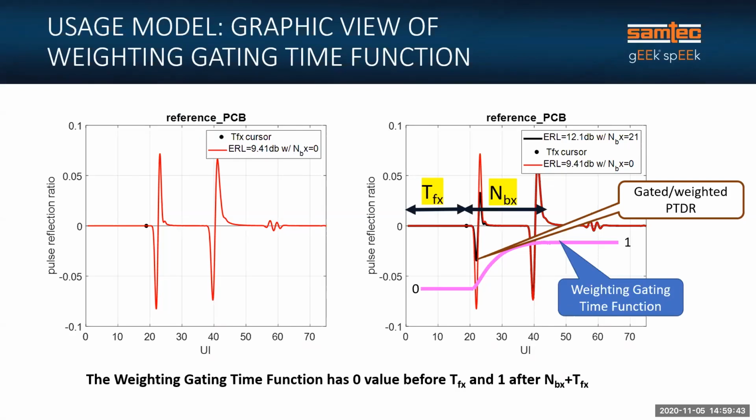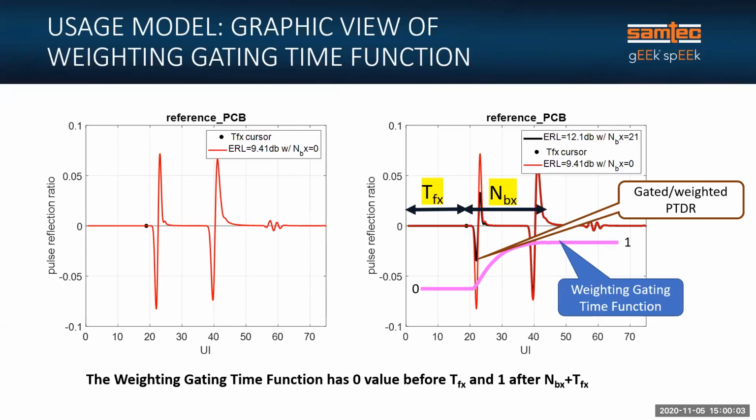My reference PCB looks like the red, okay? The dot on the left-hand side is the end of the fixture, which has already been removed. So we're looking from where the black dot is to the right.